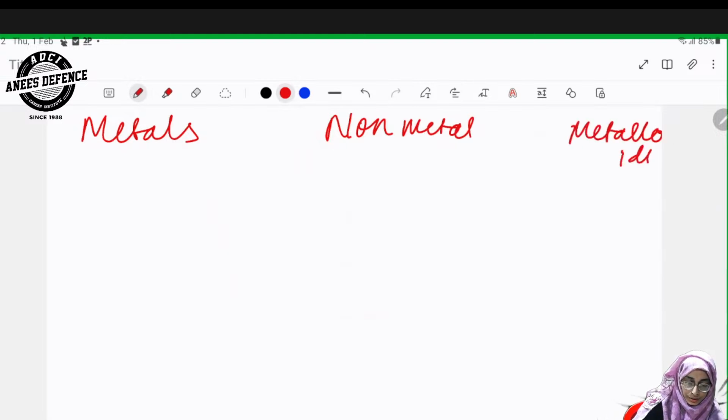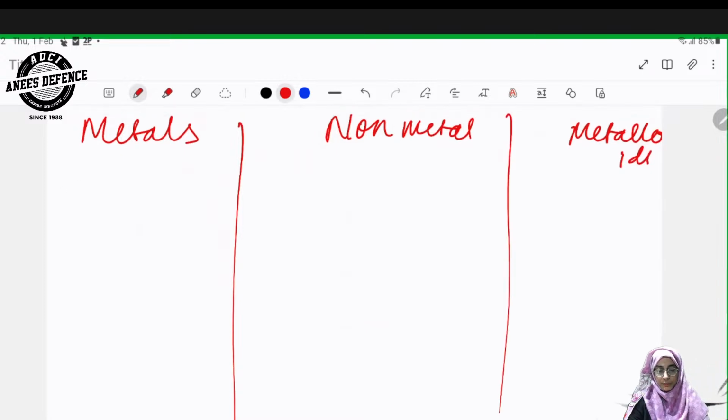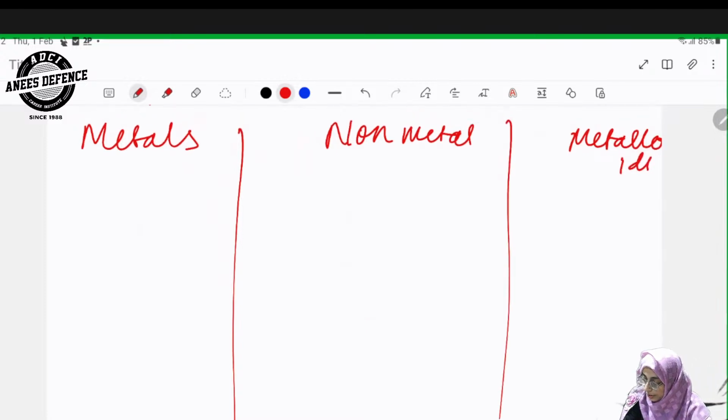Metals are solid at room temperature, except mercury.